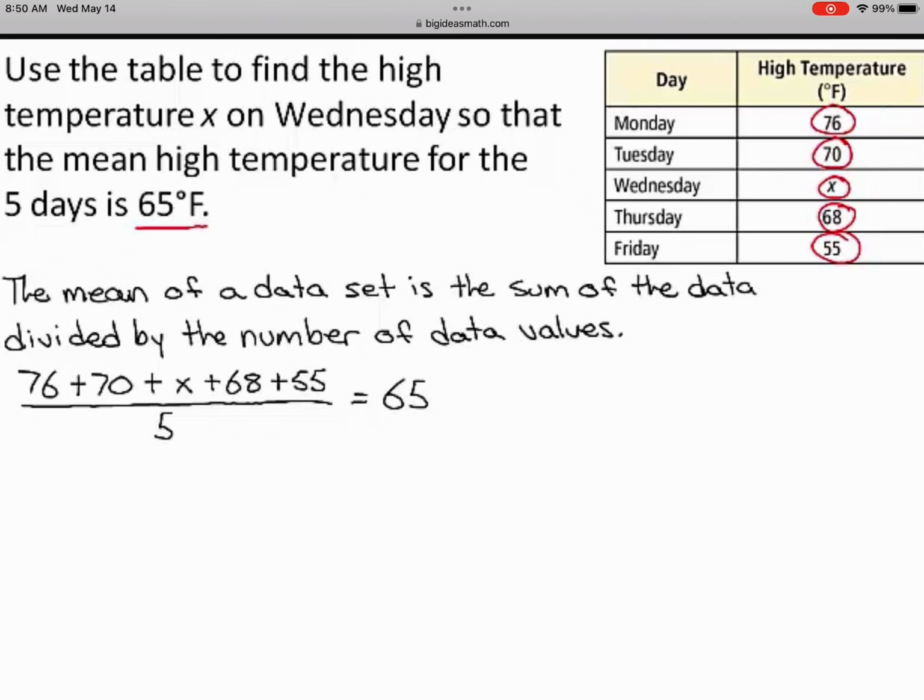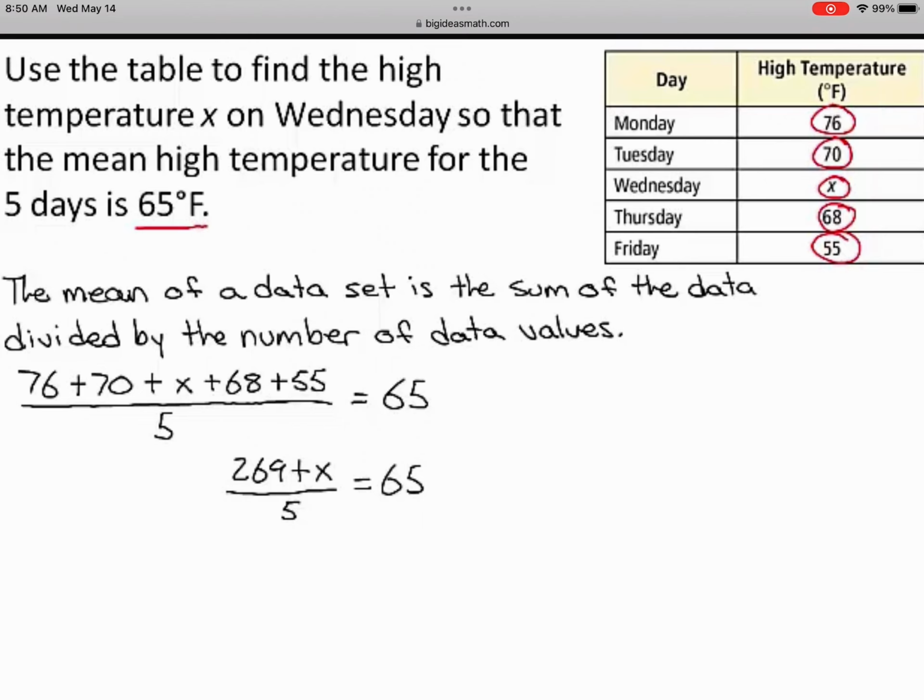Combine the like terms 76, 70, 68, and 55 on the left side of the equation to get the quantity 269 plus X divided by 5 equals 65.